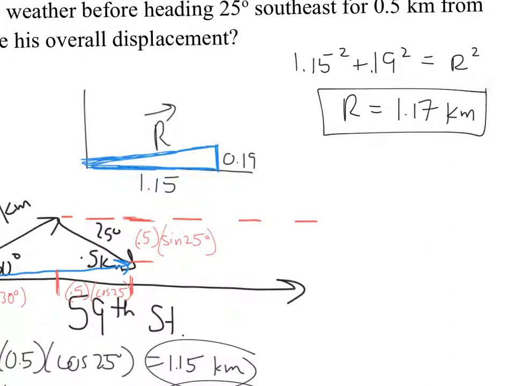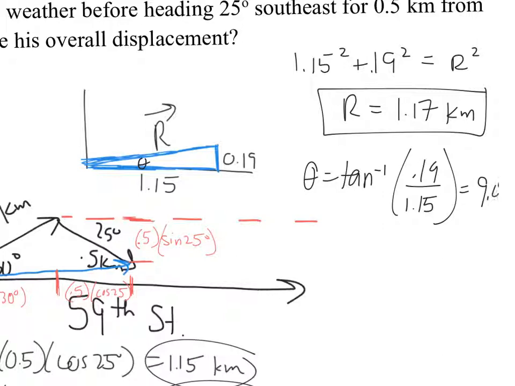So that's going to be the length of the overall resultant vector, and we know that the angle theta, which is what we're looking for right here, theta is going to equal the tangent inverse of y over x, so 0.19 over 1.15. And that'll give us an angle of approximately 9.4 degrees.